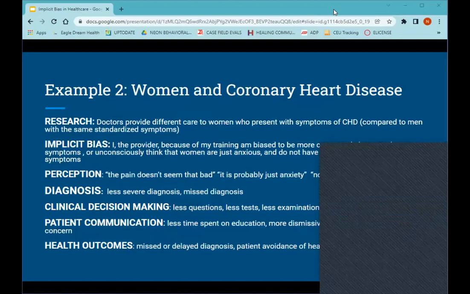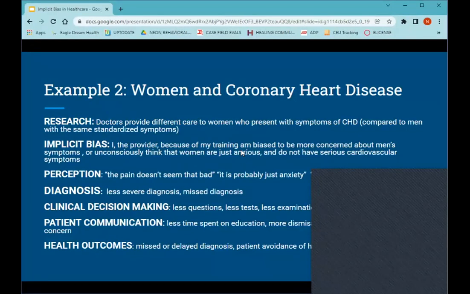The bias might also be that we dismiss women's symptoms as less serious because they're just anxious or upset and it's not that bad. Or it could even be that providers have an implicit bias towards not wanting to spend as much time talking to women or not enjoying those conversations as much, and preferring to have them with their male patients.